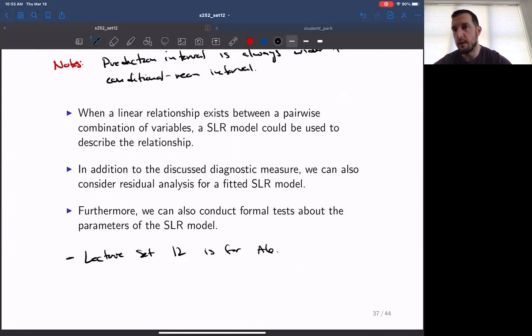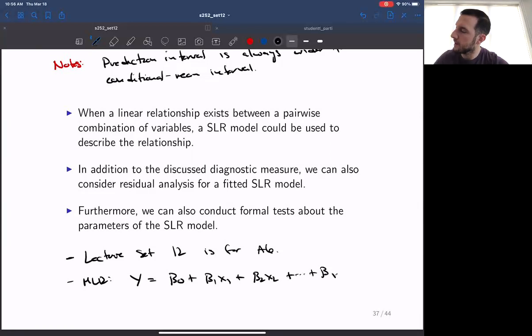And the idea here is basically that you can form a linear relationship between a response variable and multiple explanatory variables at the same time. So in MLR, we assume y is equal to beta 0 plus beta 1 x1 plus beta 2 x2 plus ... plus beta k xk.